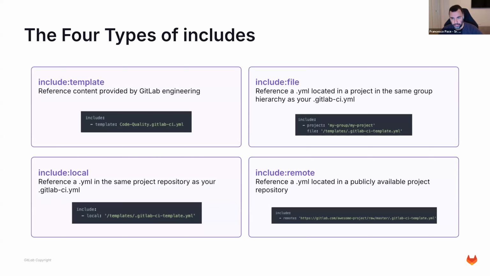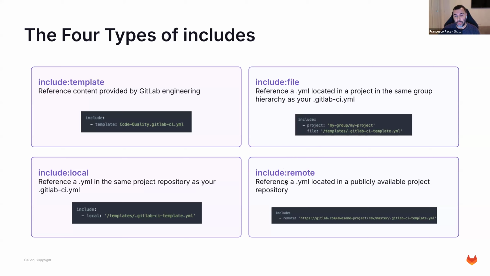Other ways to include templates are using the local keyword. So you can include another template in the same project, in the same repository, maybe in another directory. You can include a file from another project in the same group. So you can have different projects in your group with different pipelines. You can include a pipeline of another project using the project keyword.